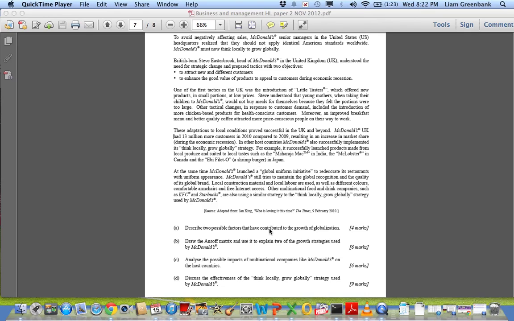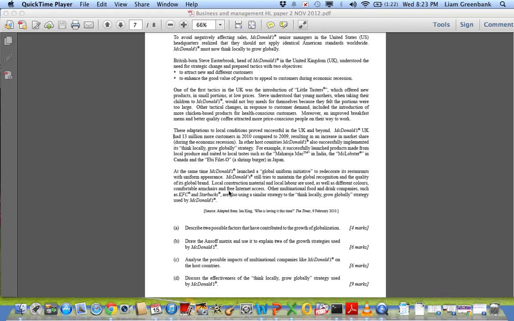What we could do maybe is link it to Ansoff's matrix and talk about how some of their strategies are risky. It's difficult to know whether it's going to work in a new market. We could discuss how effective it might be based on the fact that the competitors are doing the same strategy, KFC and Starbucks, so they don't really have a unique selling point there.